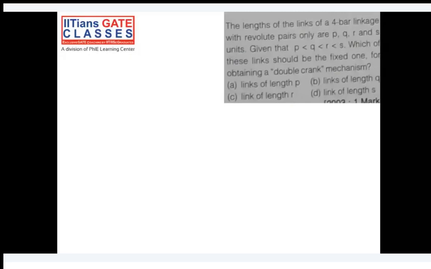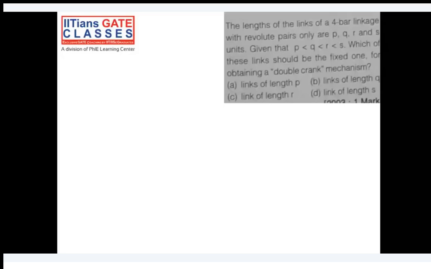The lengths of the links of a 4-bar linkage with revolute pairs only are P, Q, R, and S units.